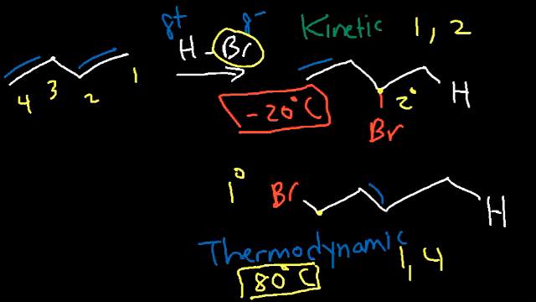Now, it turns out that this double bond is more stable than this one. Internal alkenes are more stable than terminal ones. So the thermodynamic product is usually the one with the most stable alkene. So how can we tell which alkene is more stable? You need to count the number of R groups. So let's look at the kinetic product.